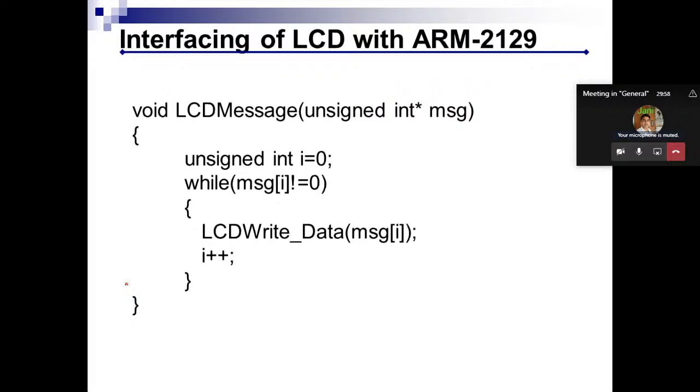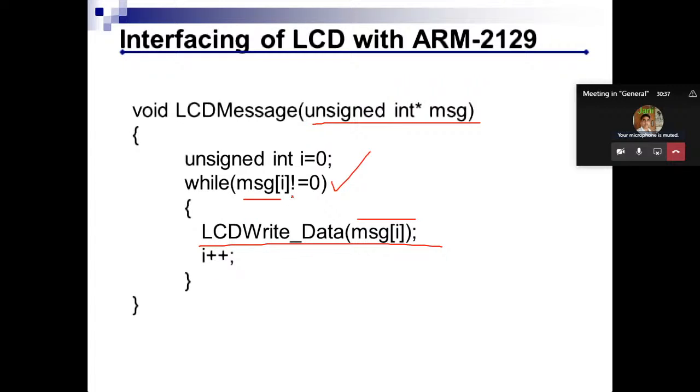Then if you want to send some message to the LCD, then we will be calling this LCD routine frequently. For every character we will call this routine. So what we will do, we will have a message in some pointer message. Then we take these characters one by one, because we are using here message into square bracket of I. So initially when I equal to 0, the first character will be displayed. So for example, if you want to display Welcome GEC Rajkot, then W will be there in this, and we are writing the W. Then whenever that character is written, we will say I++.